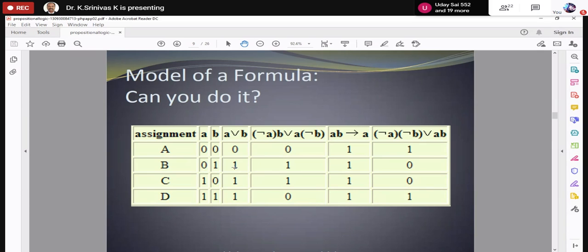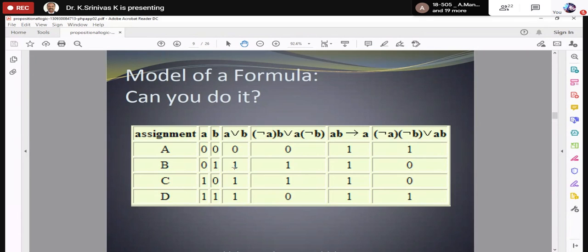Now we are having the other model, negation of A. That is, A will become opposite. A will become 1, 1, 0, 0. And negation of B, B will become 1, 0, 1, 0. Okay.